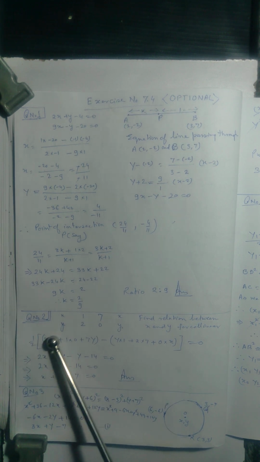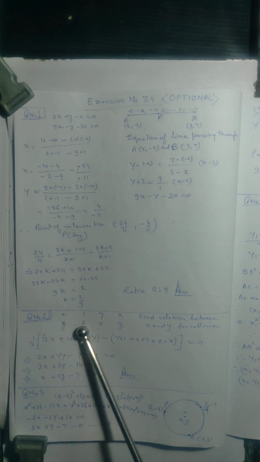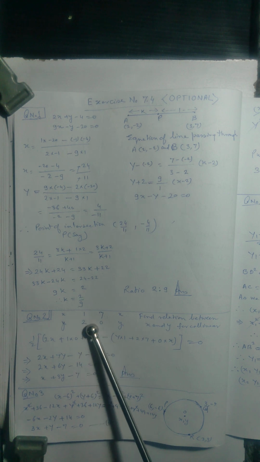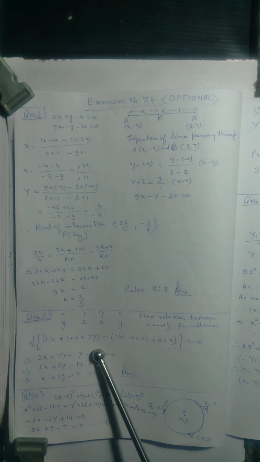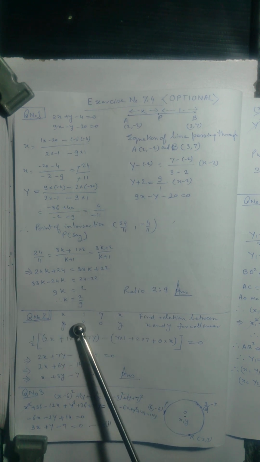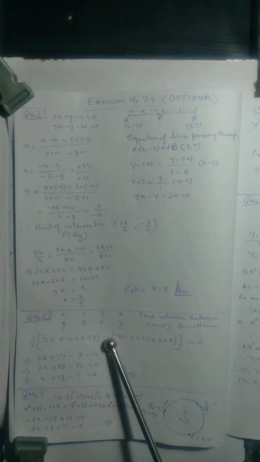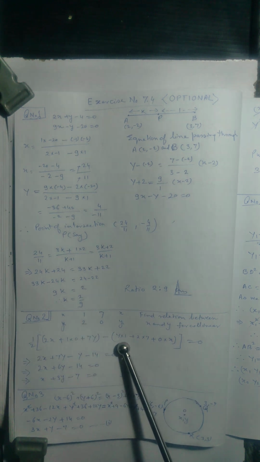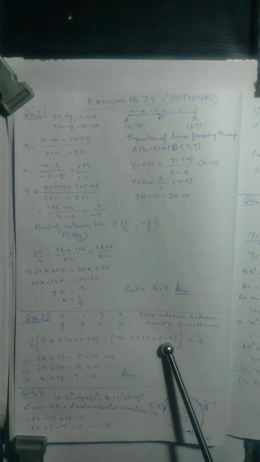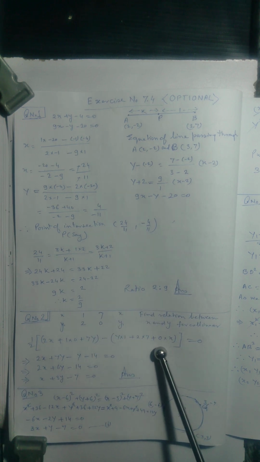One by 2, x into 2, you see 2 twice x, 1 into 0, that is 1 into 0 I have written, 7 into y. Now this bracket will be closed, minus, inside the bracket write down 1 into y, 2 into 7, 0 into x, the bracket will be closed.